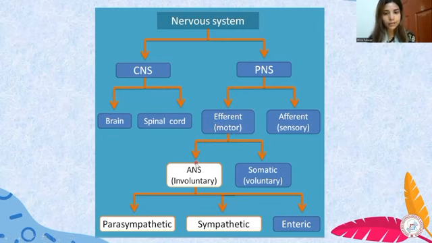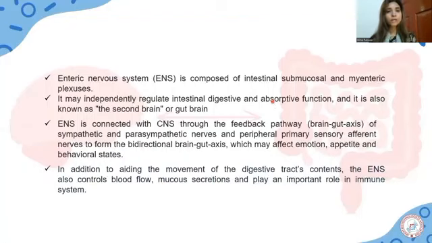Efferent is further subdivided into autonomic, also known as involuntary, and somatic, known as voluntary. If we subdivide the involuntary autonomic nervous system, we have parasympathetic, sympathetic, and enteric. Basically, the enteric nervous system, or the second brain of the body, is included in the peripheral nervous system. This enteric nervous system is composed of the interstitial submucosa and mesenteric plexus.